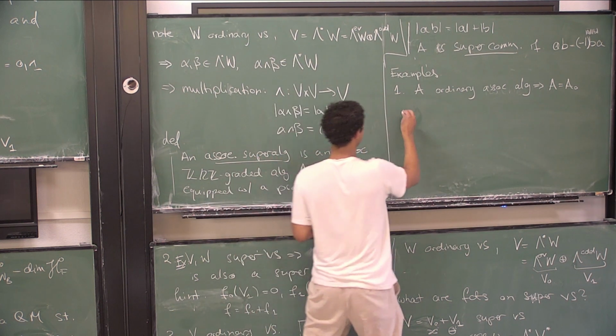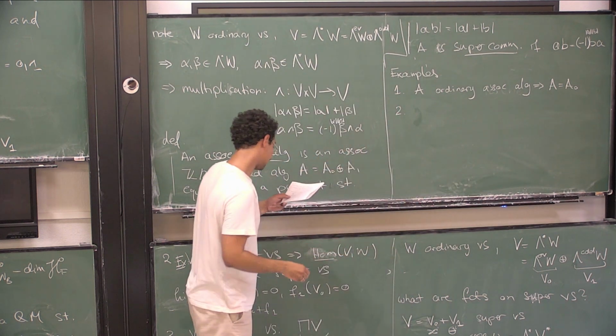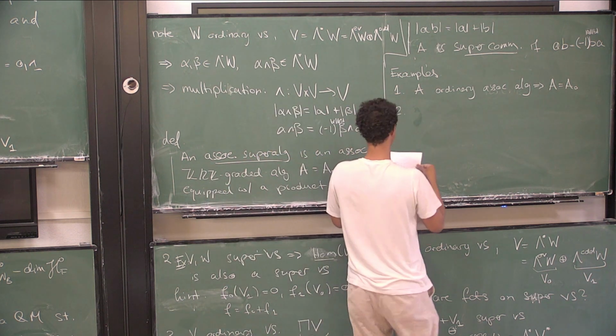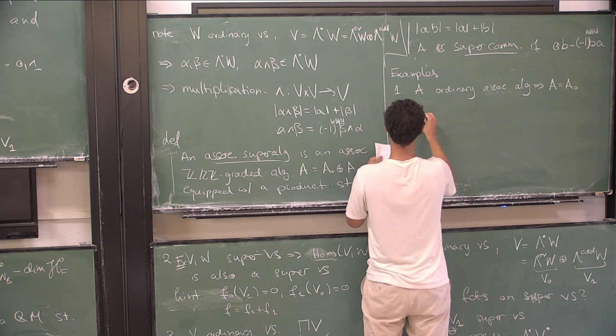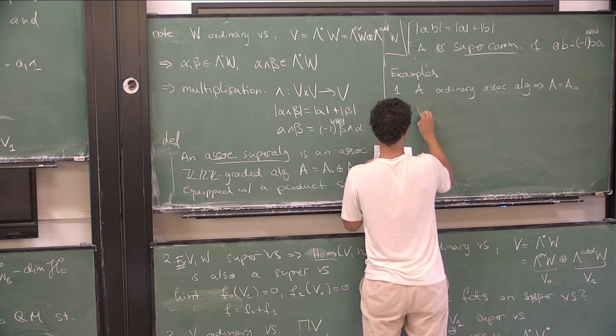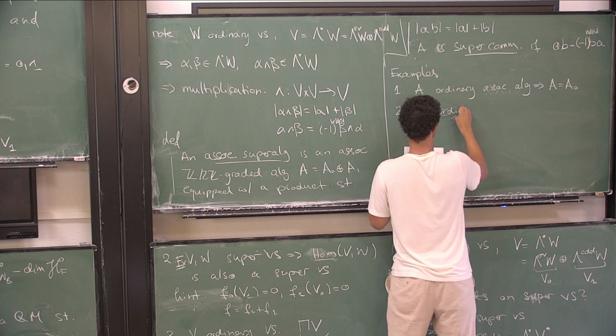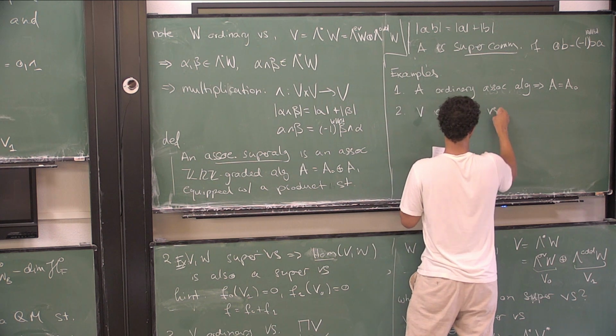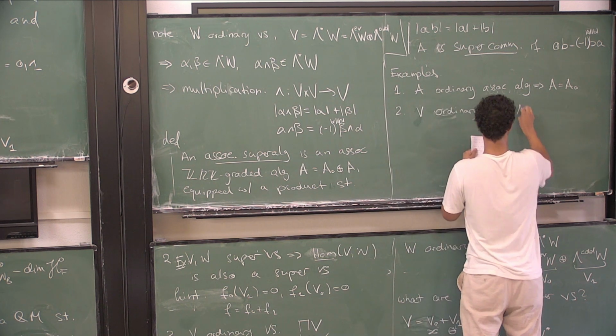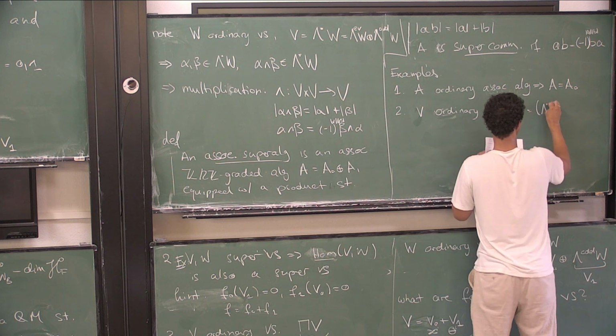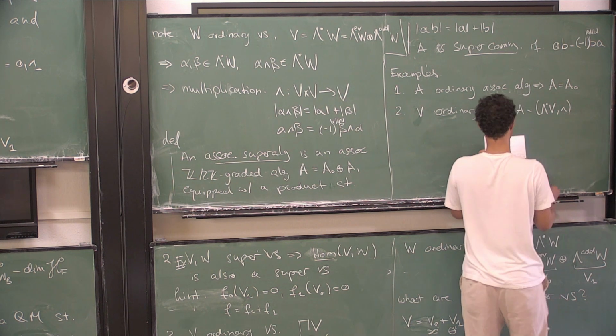It doesn't have to be commutative. Then, as I said, we have an ordinary vector space, and we take A to be the exterior power of V with the wedge product.